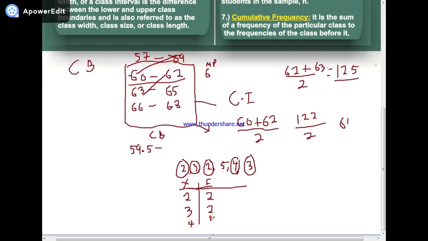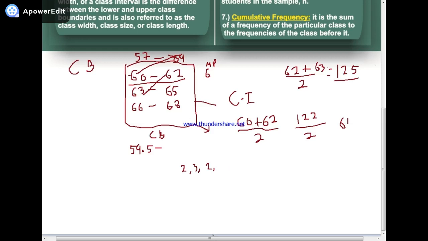And how many times does 5 appear? 5 appears 1 time too. So this is your frequency. This is how we construct our frequency. So your frequency is 2, 2, 1, 1. Do you understand? So that's the meaning of frequency.